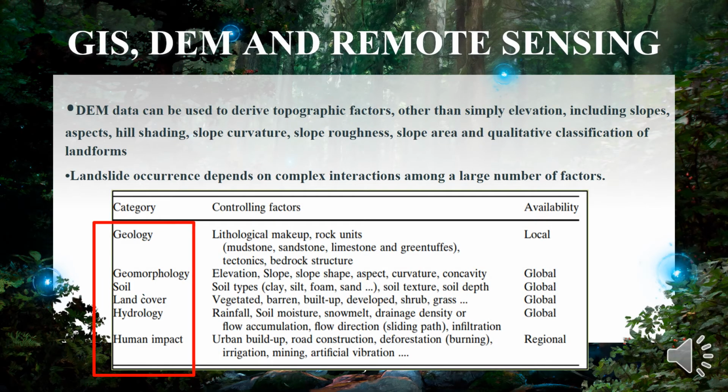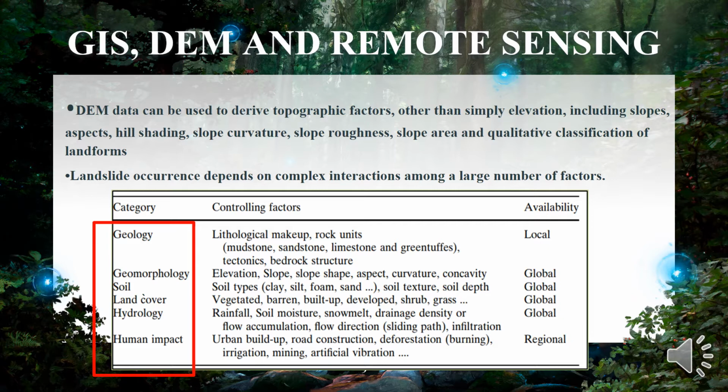GIS, DEM, and remote sensing in their study. DEM data can be used to derive topographic factors other than simply elevation, including slopes, aspect, hill shading, slope curvature, slope roughness, slope area, and qualitative classification of landform.